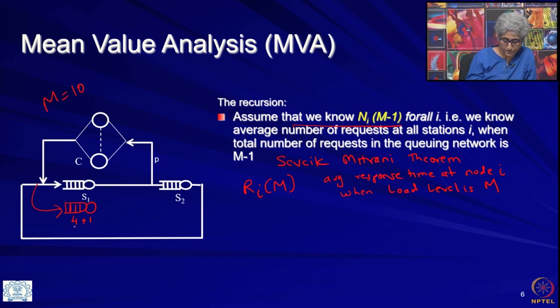I am giving an example of 4 plus 1, but if we have to do the calculation, we have to figure out what the average is, what the arriving request is going to see. If we know what it sees here, then we know that each of these requests takes tau_1 amount of time, average time is tau_1.